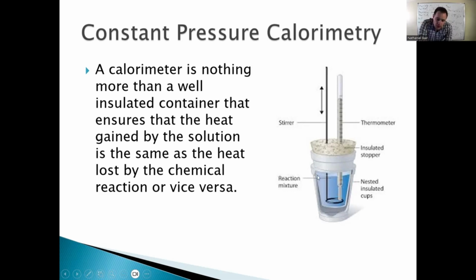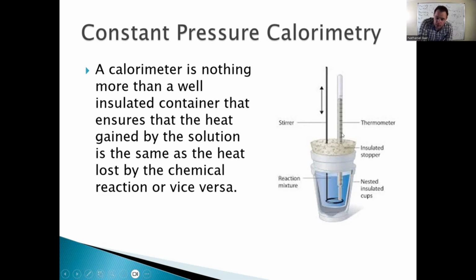So what you essentially do, oftentimes with coffee cup calorimetry, the thing that's heating up or cooling down is water. So if we know the mass of the water, we know the specific heat capacity of water is 4.18 joules per gram times degree C. And if we can get the change in temperature of the water, we can get the heat. Okay, so it's actually a pretty, unfortunately, boring kind of experiment.